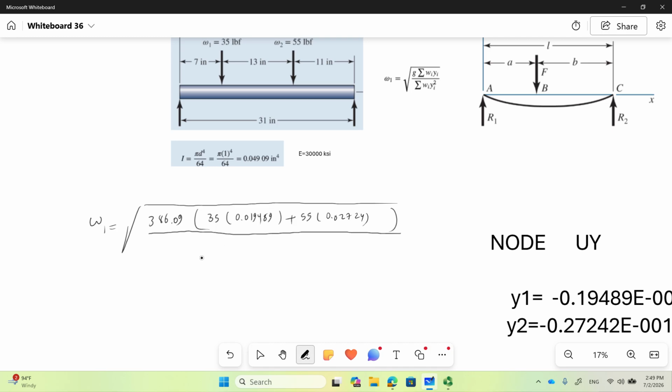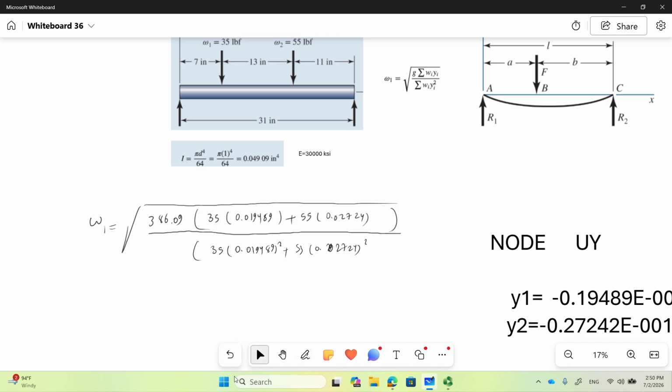Alright, and then you gotta do the same thing in the denominator, but you have to then square these guys. 35.02724 squared. There you go.